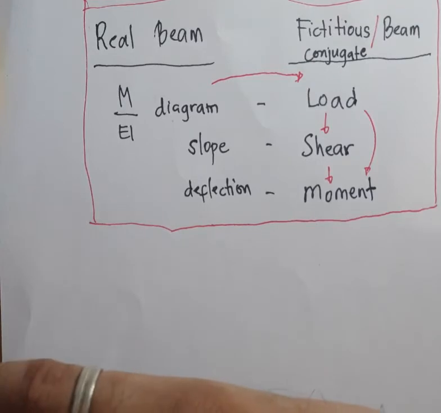So 11 and 12 are connected ra sila, no? Kung asa kuno si point of zero shear sa conjugate beam, mao na point of zero slope sa real beam, and that is also the maximum moment. Diba? Kung asa zero ang shear, dito maximum moment, and then dito pod ang maximum deflection.